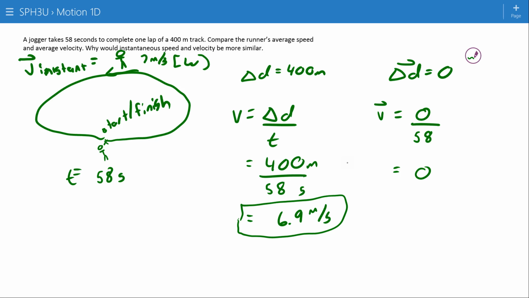I'm just making up that 7 as something close to 6.9. But what we can see here is that speed and velocity in an instant are much more similar than they are in an average sense, because in an average sense, changes in direction can cause the velocity to not reflect the overall speed of the object.